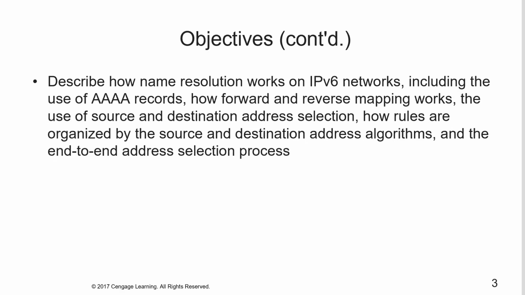We're going to talk about how name resolution works on IPv6, so the use of AAAA records, how forward and reverse mapping works, the use of source and destination address selection, how rules are organized by the source and destination address algorithms, and the end-to-end address selection process.